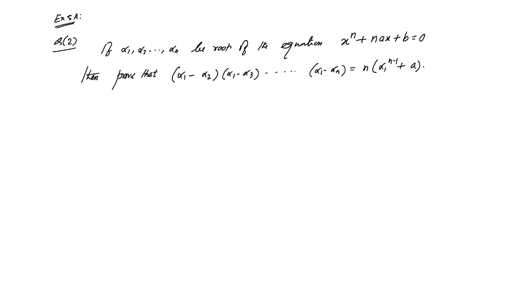But how to solve this problem? In a similar way as the previous problem, you can solve it. For alpha, beta, gamma, delta roots, here they are alpha 1, alpha 2, ..., alpha n roots.